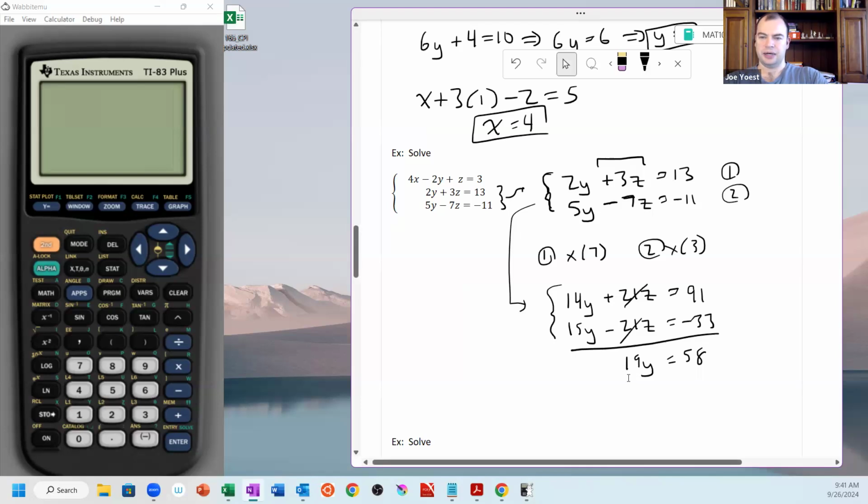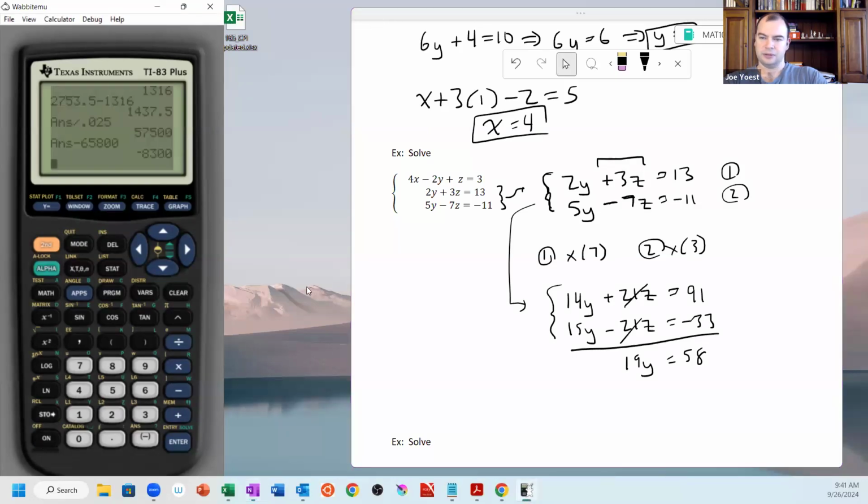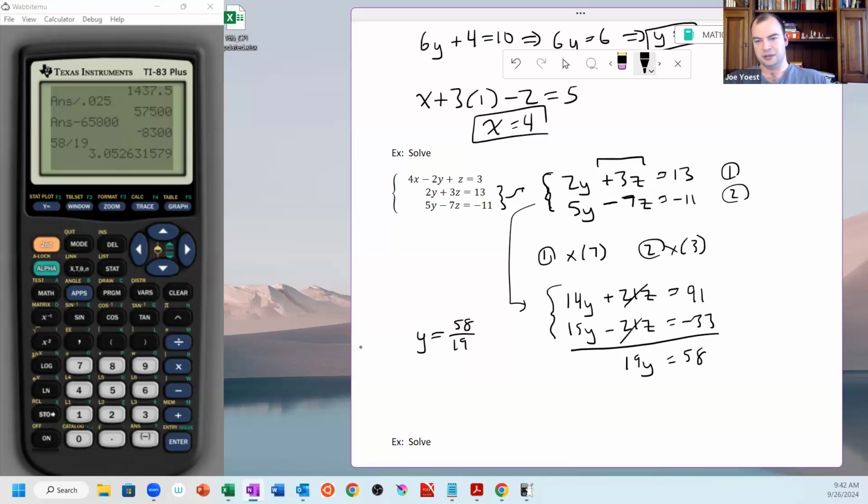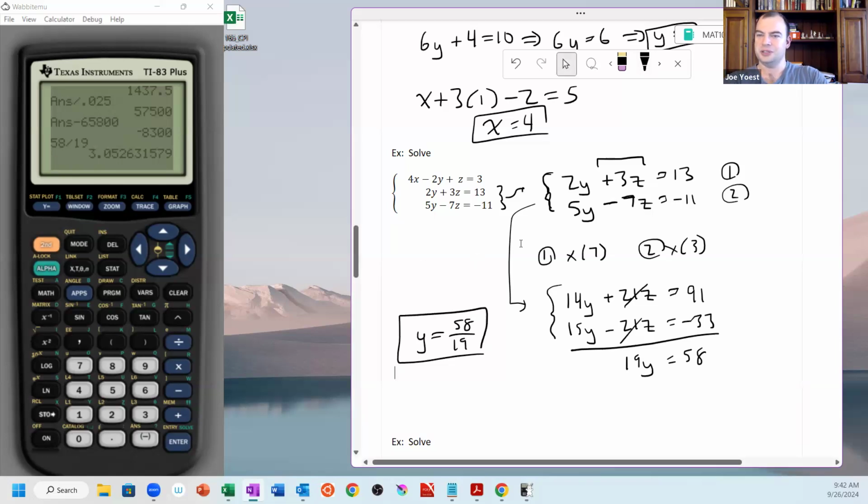Yeah, I thought I had a nice solution to this, maybe not. 58 over 19. I thought when I created this problem, I had a nice solution to it, but it seems like that didn't work out so nicely.